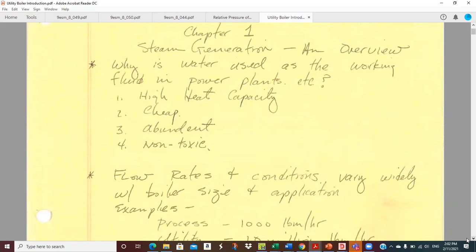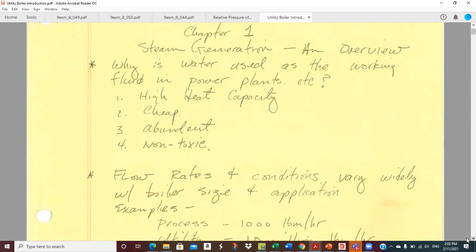Now, you wouldn't really want to transfer a lot of heat with air, but water is 4 times better than air. If you look at motor oil, what's the specific heat of motor oil? Something like 0.6. Look at all the different fluids out there and compare the specific heats, and what you're going to see is water is a really high number, which means that for a given amount of water, when you change the temperature, it can carry a lot with it.